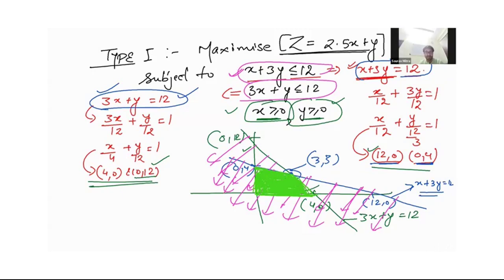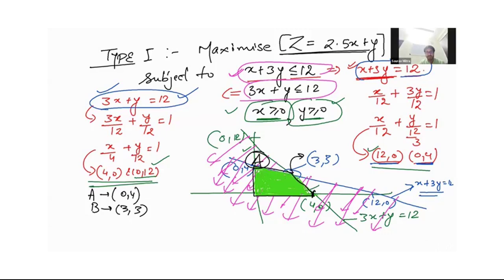Next step is you have to identify the boundary points. Now one boundary point is A, which is 0 comma 4, B which is 3 comma 3, and C, you have this boundary point of the shaded area.